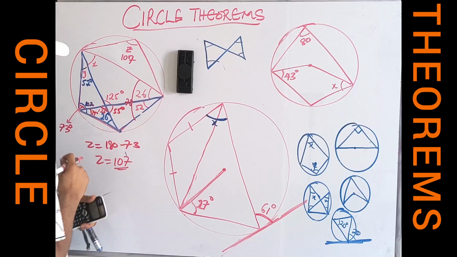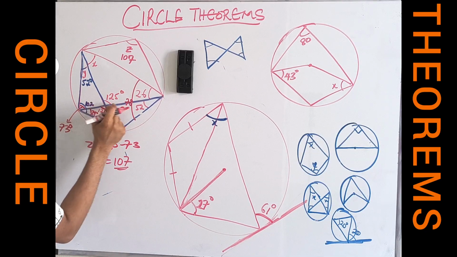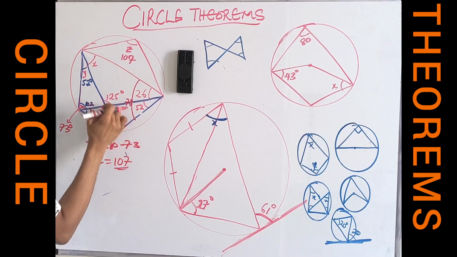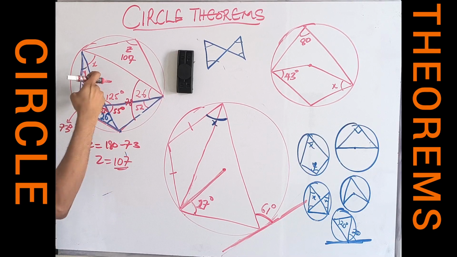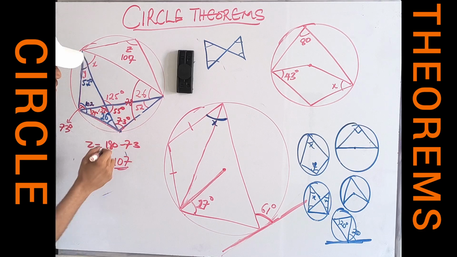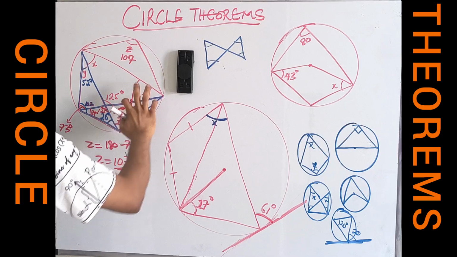So here is 73. We could even have seen it from the bow tie rule. You see? Take this and this. So you can see this bow tie. So here is 73. So now how do I find X? This and whole of this.